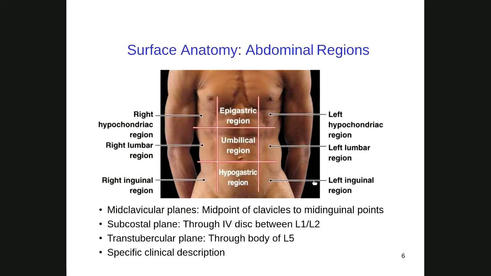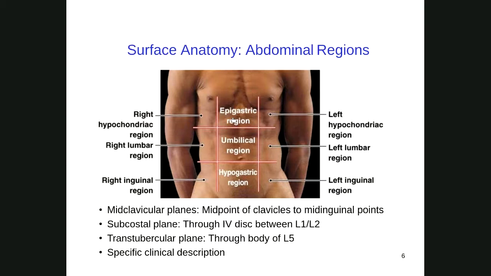Usually in the quiz or in the questions, it will either tell you about one organ, and then ask which of the regions corresponds to the location of that organ, or the opposite.